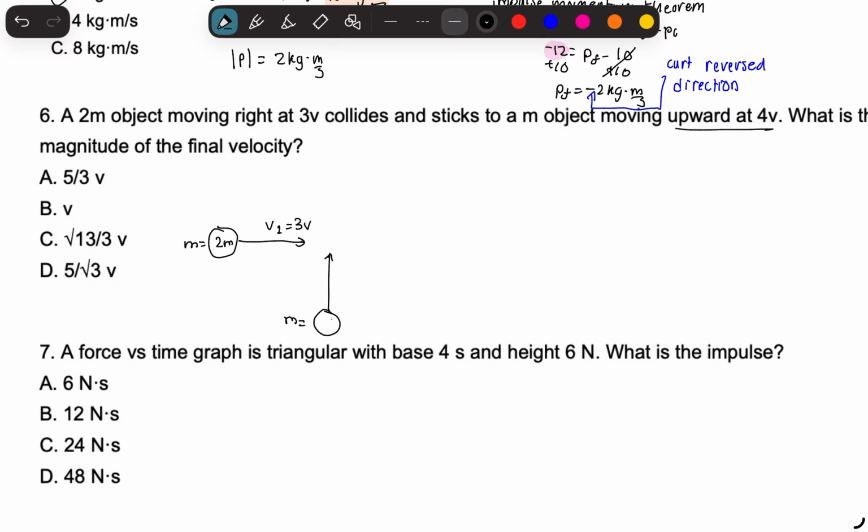And this is going to be equal to m. Your v2 is equal to 4v. So let's let our right-hand side be positive x and up be positive y.